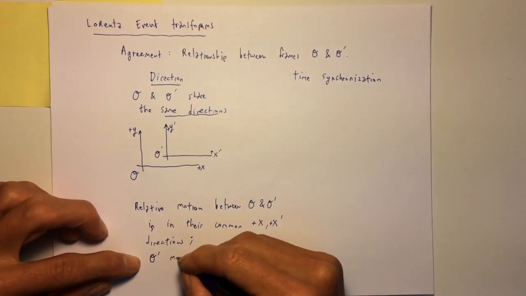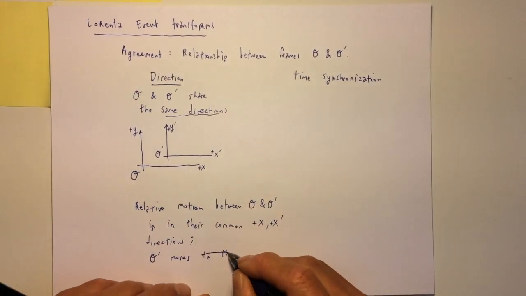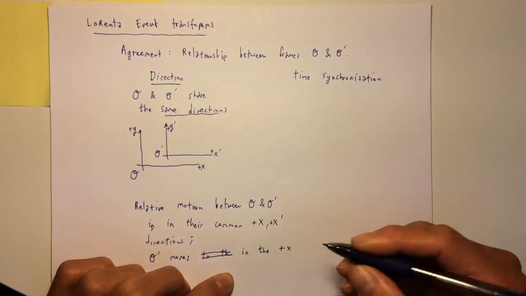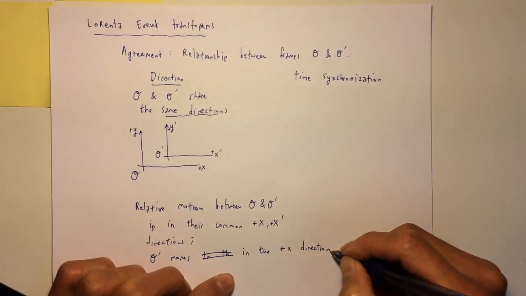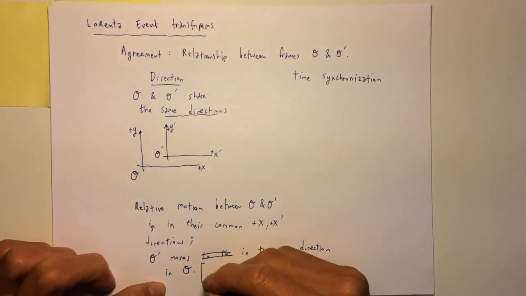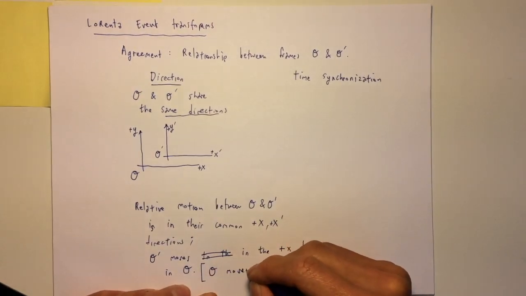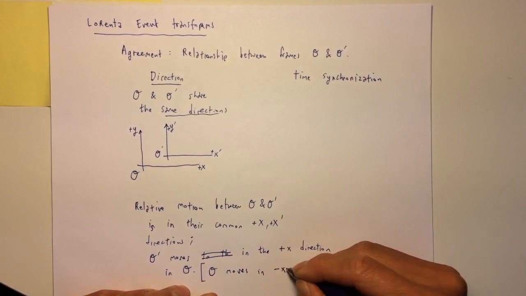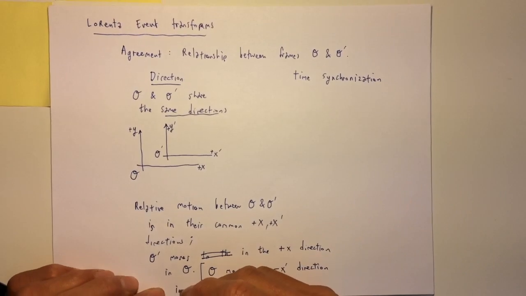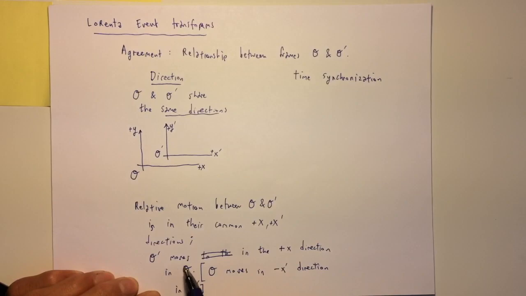O prime moves, say, in the positive x direction in O. Also, equivalently, O moves in negative x prime direction in O prime. I hope you can see that that's an equivalent statement.